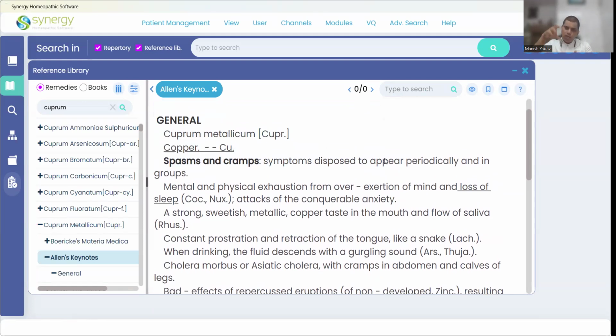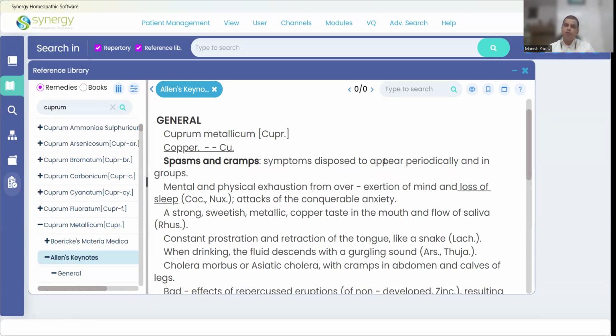But the most important character: in Dioscorea, we talked about the character of pain where it is twisting, as if somebody is pressing and twisting the intestine. In Cuprum metallicum, the character of pain is spasms and cramps. You will think of Cuprum metallicum when you see cramps and spasms all over the body.